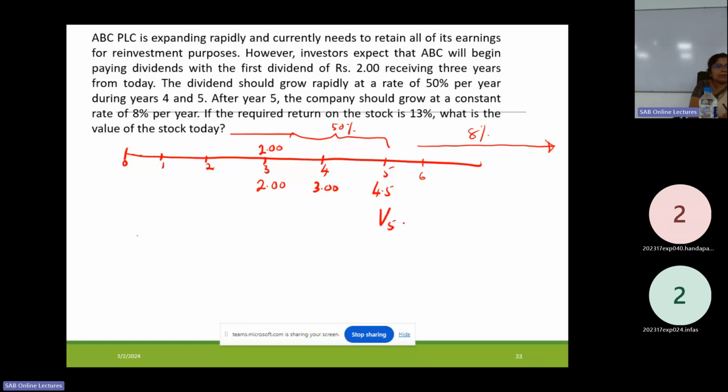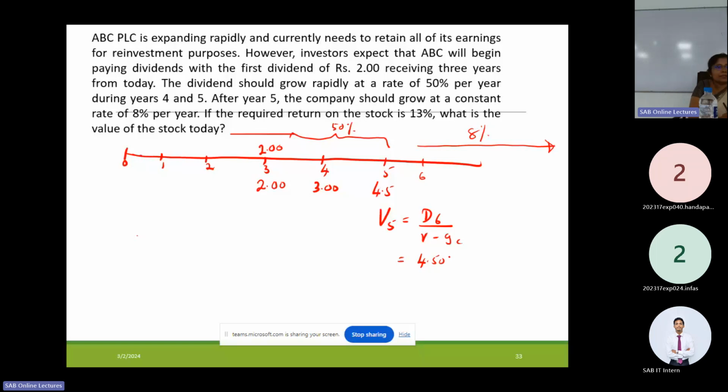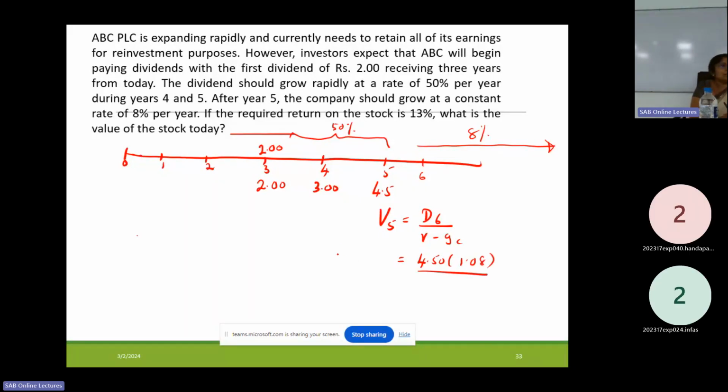So the value at year 5 is equal to D6 divided by required rate of return minus constant growth rate. So D6 you can calculate now. D6 is equal to 4.50 increased by 8%, divided by the investors' required rate of return of 13% minus the constant growth rate of dividend of 8%. So you can calculate the value.